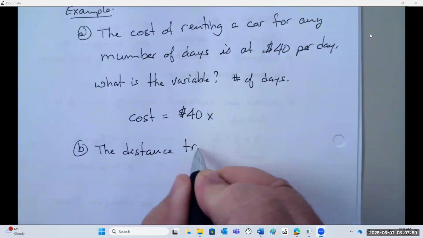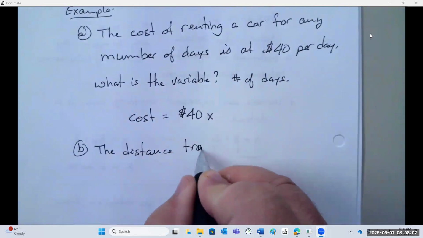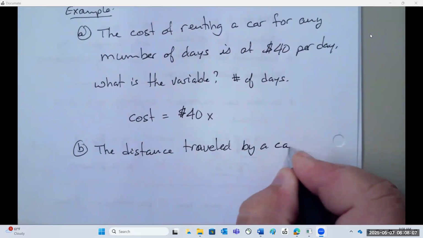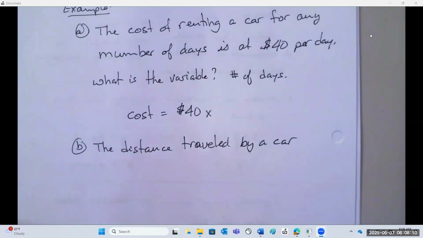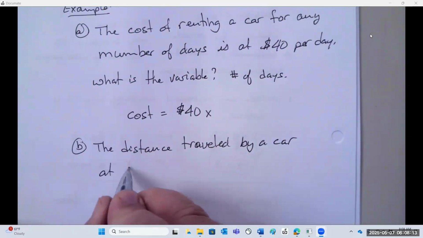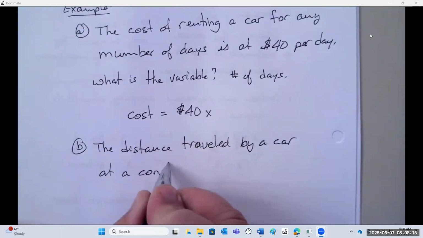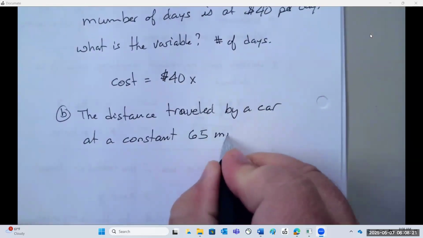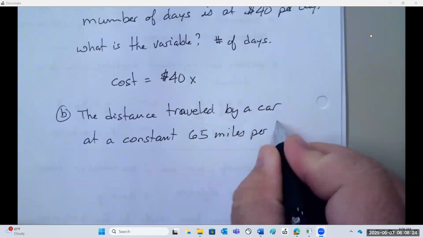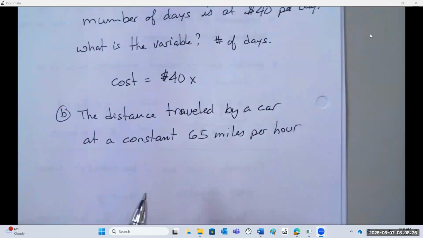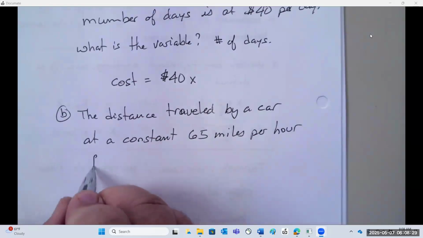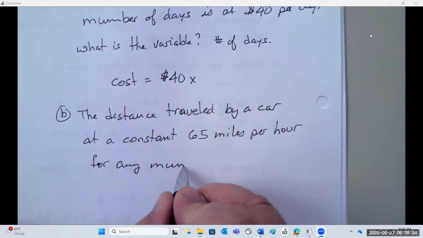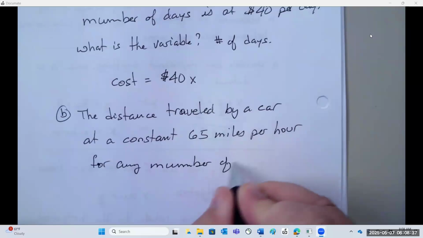The distance traveled by a car at a constant 65 miles per hour for any number of hours.